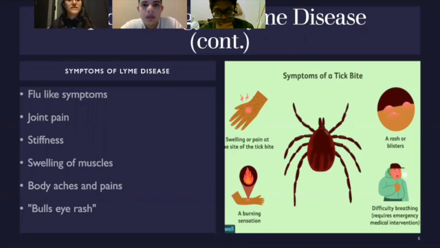Once you are infected, you will have a lot of body aches. Your muscles will start to swell. You'll have a lot of stiffness, and you will also develop a bull's-eye rash on your body.